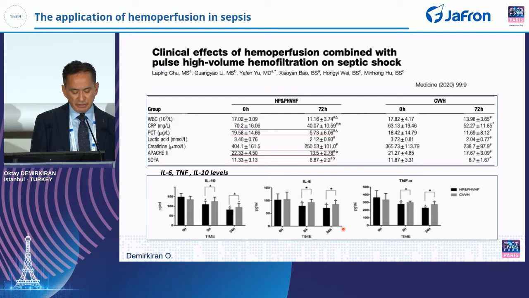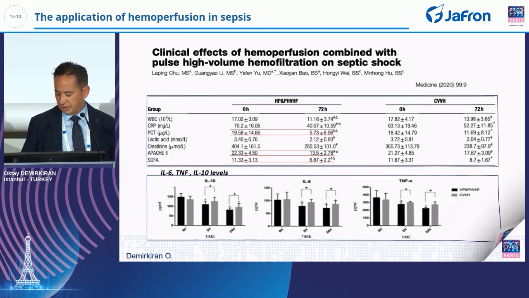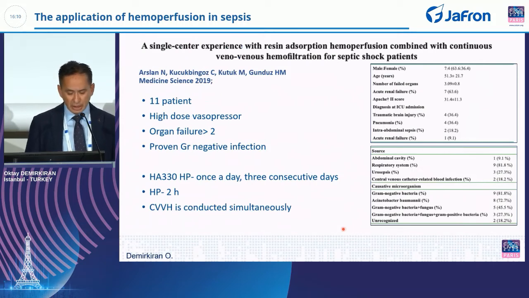There is a significant decrease in procalcitonin, APACHE 3, and SOFA score, which means the patients are in a better condition, and also IL-6, TNF-alpha, and IL-10 levels decreased in the first group.